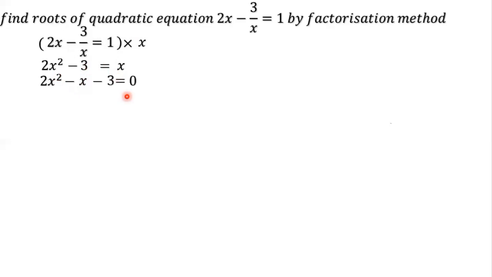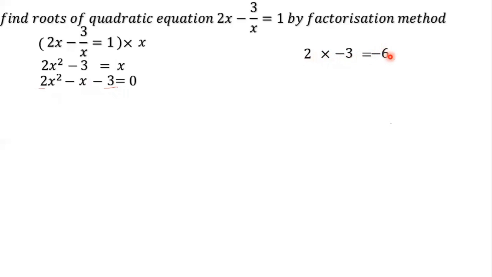Now we have to solve this by the factorization method. The first step is to multiply the coefficient of x square and the constant term. The first term coefficient is 2, the last term is minus 3. So 2 into minus 3 is equal to minus 6.